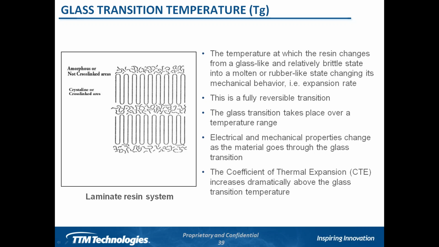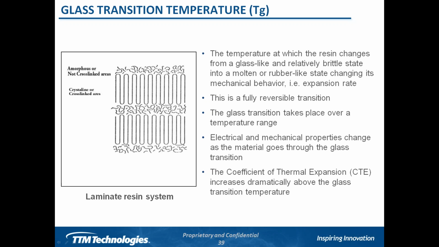And then, of course, that changes its mechanical behavior as well, and more specifically, the expansion rate. So when the material behaves like a glass below its TG, it expands very little in all directions. Once it goes into a rubber-like state, those expansion values will increase quite a bit.